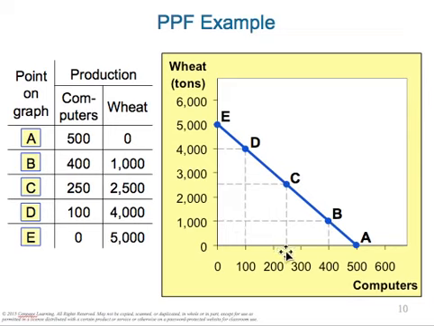C, 250 and 2,500. D, 100 computers and 4,000 tons of wheat. And then lastly, E, 0 computers and 5,000 tons of wheat. So you can allocate your labor hours anywhere along this line, and this line becomes what's known as the production possibilities frontier.